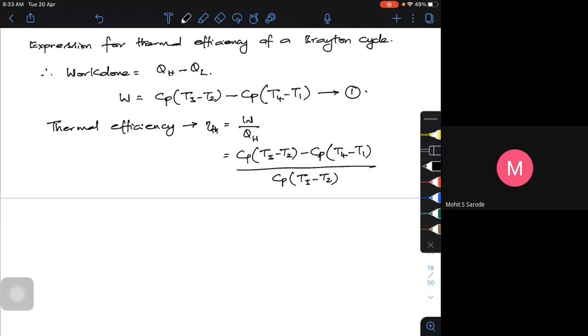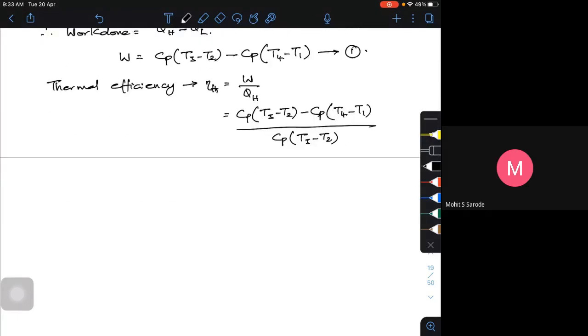What I'm left with is thermal efficiency equal to 1 minus (T4 minus T1) divided by (T3 minus T2). Let me call this equation number 2. This is the expression for thermal efficiency in terms of temperatures.